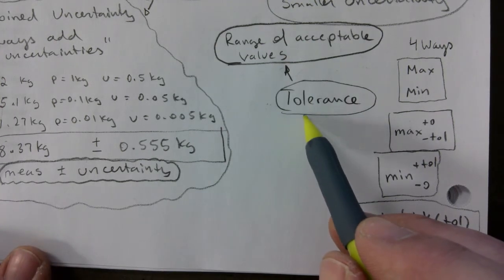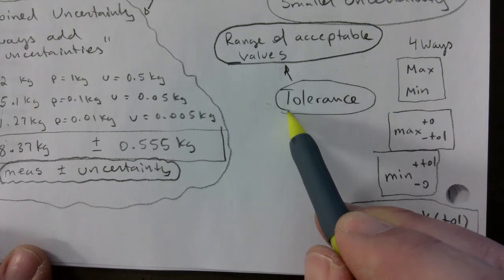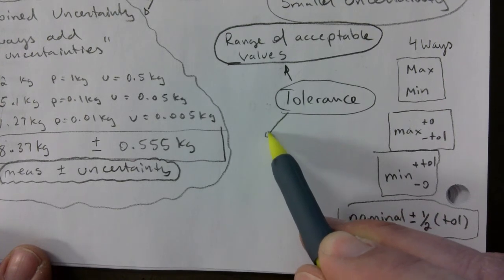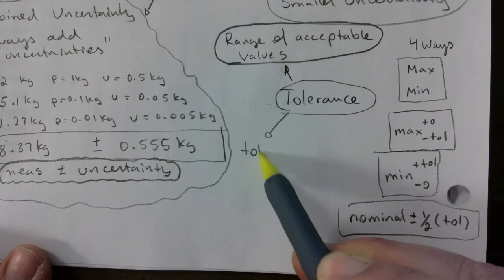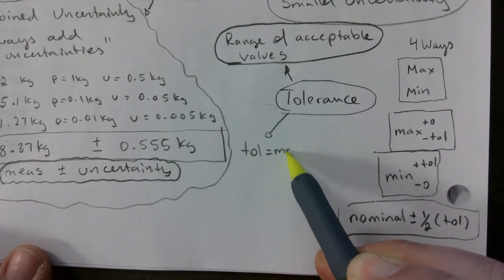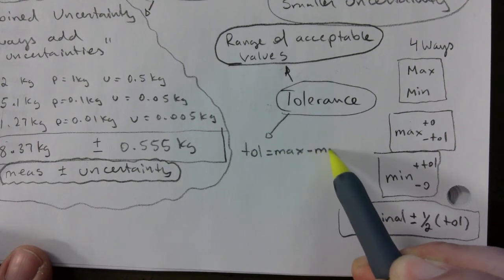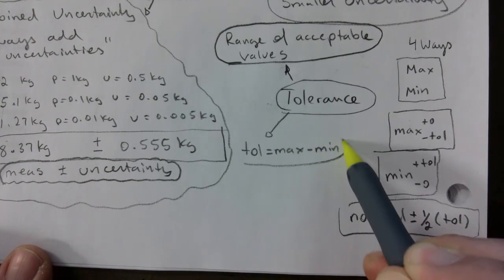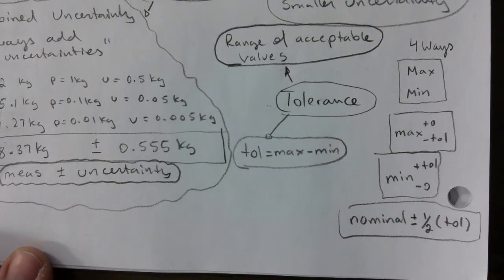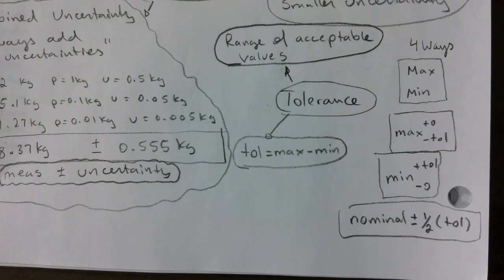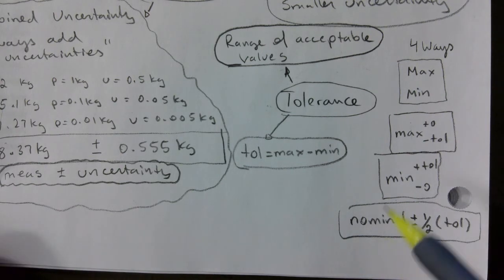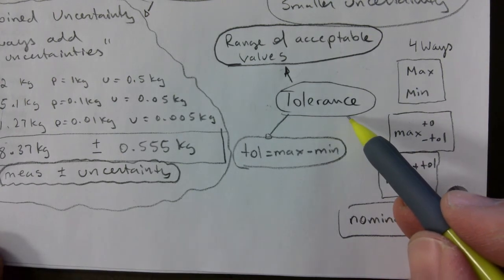I will go from here and just say that tolerance is equal to the max minus the min. In a nutshell, like if you want to calculate the value, that's how you would do it. And I will do this here, arrow.